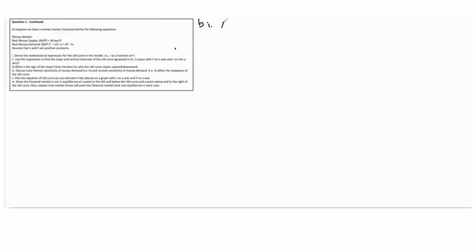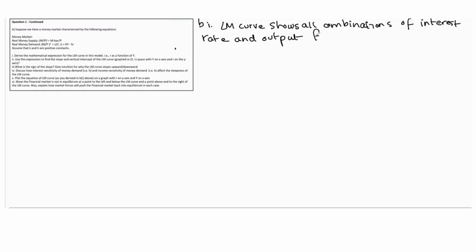Here we need to remember the LM curve shows all combinations of interest rate and output for which the money market or financial market is in equilibrium.